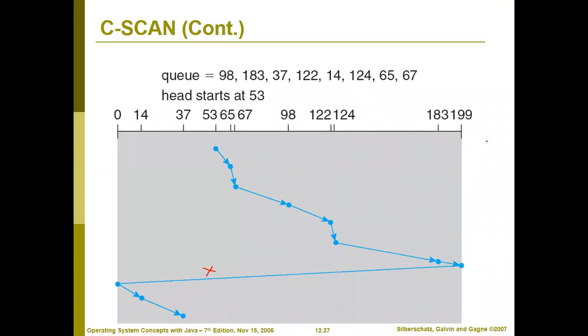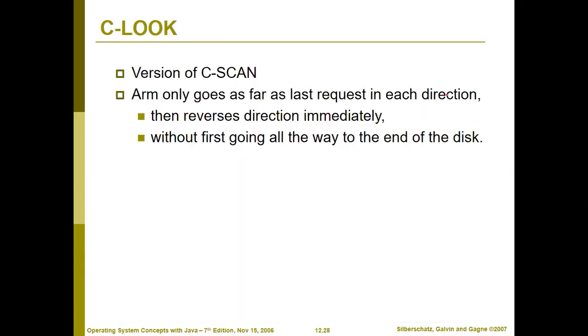So in this way, your total head movement will be less. Then the most advanced or second most powerful scanning is C-LOOK.